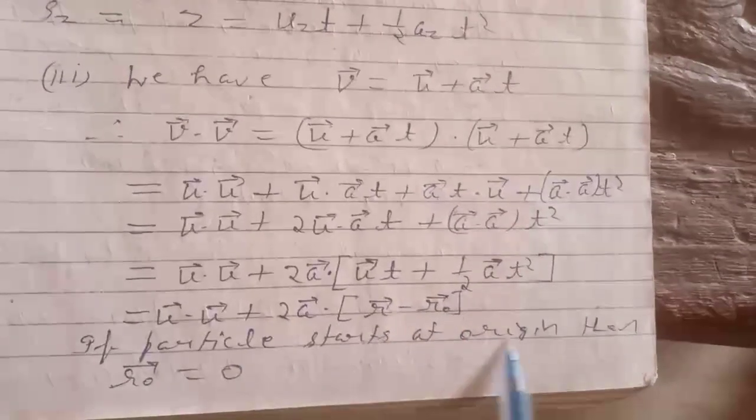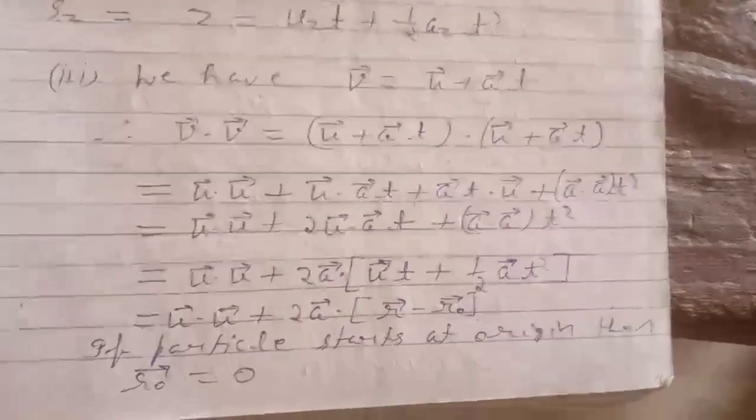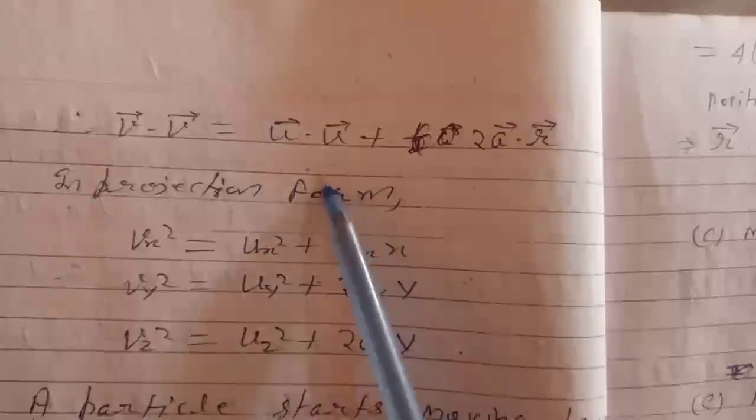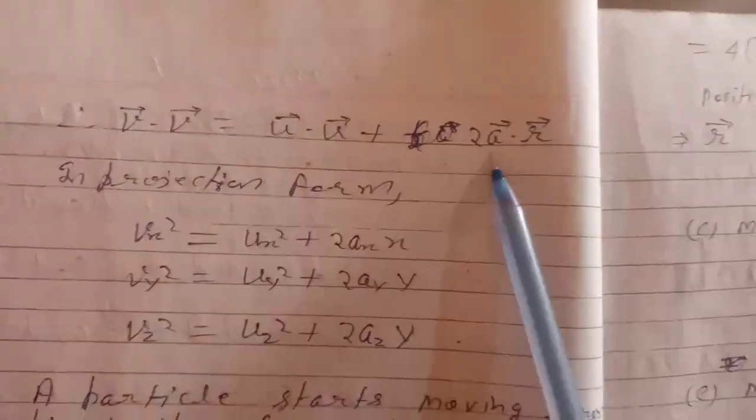If the particle starts at the origin, then r0 vector equals 0. Hence v vector dot v vector equals u vector dot u vector plus 2 a vector dot r vector.